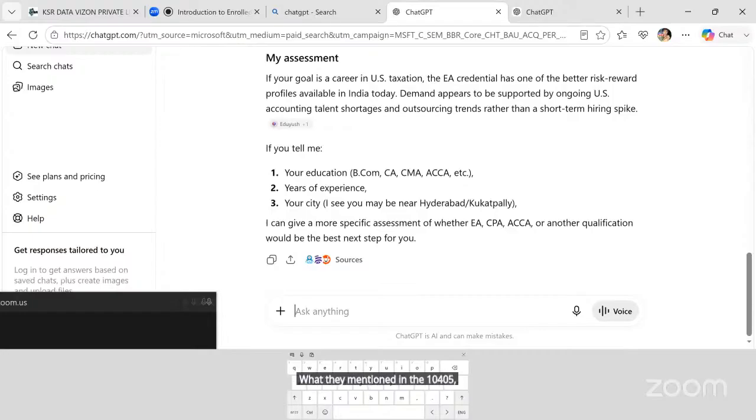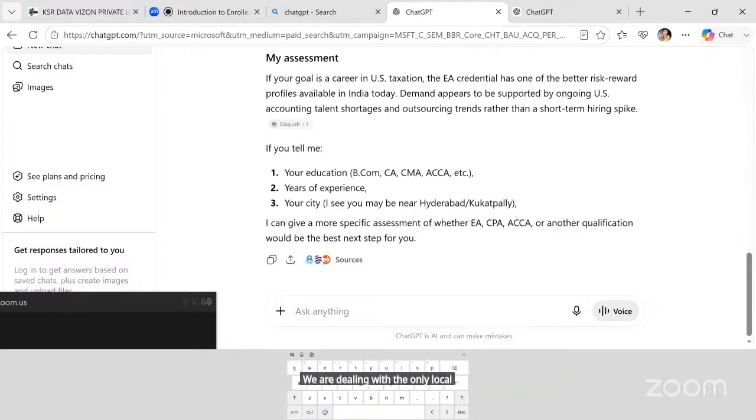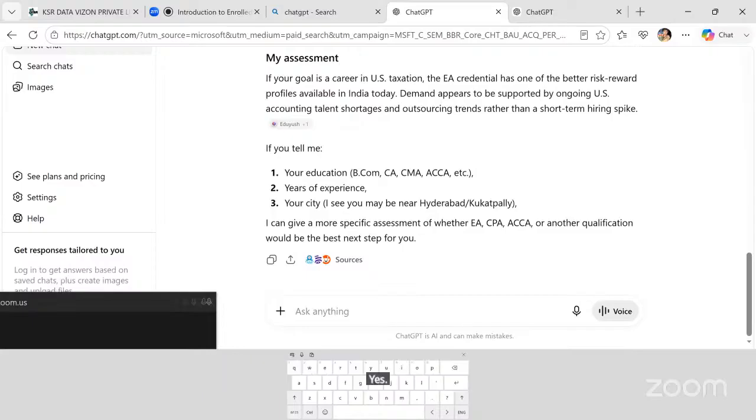Being able to understand the names and terminology is sufficient. That's the reason sir has been teaching you the terminology since yesterday, comparing Indian laws and US laws. Here you are not going to deal with any mathematics, commerce, or economics. We are dealing only with local laws, because American government laws are different from Indian government laws in terms of taxation, right? We are going to understand their laws.